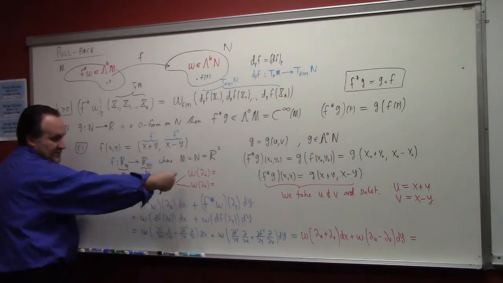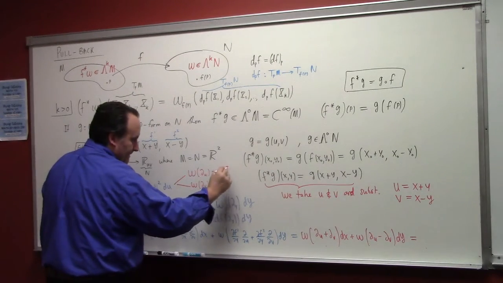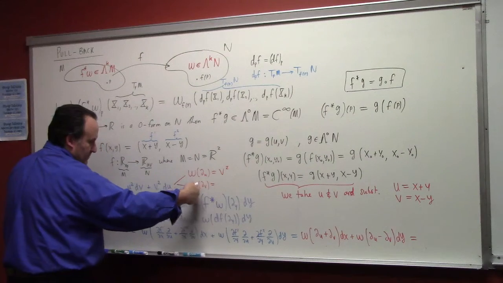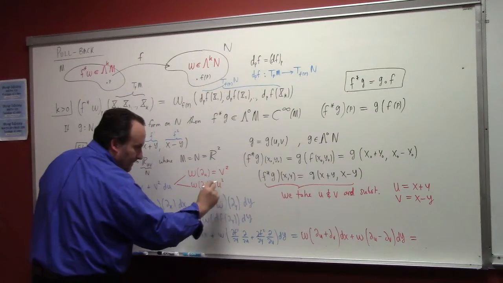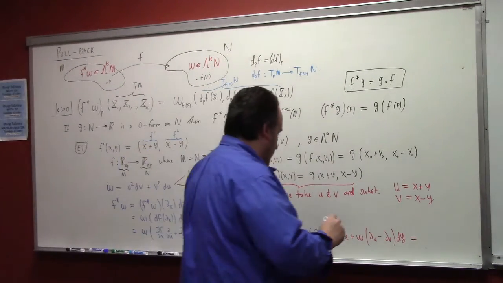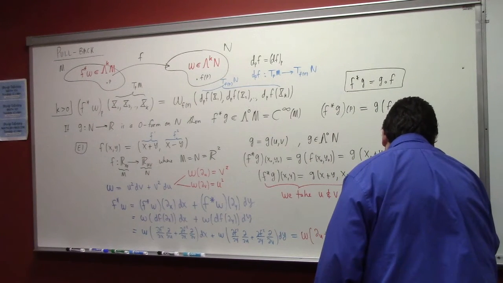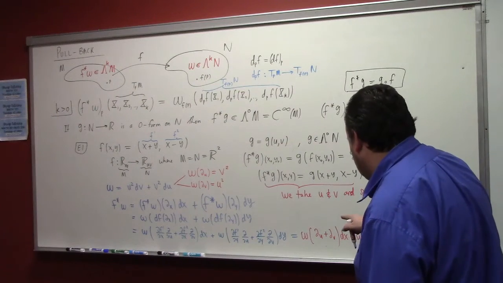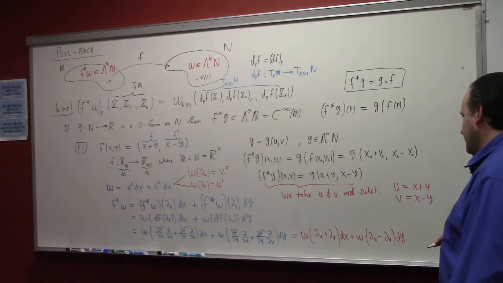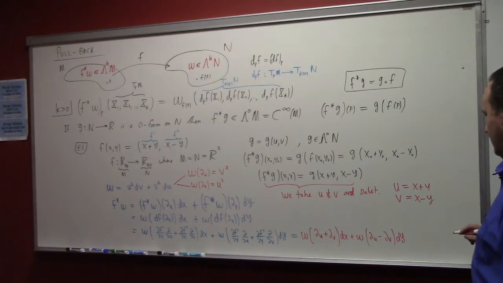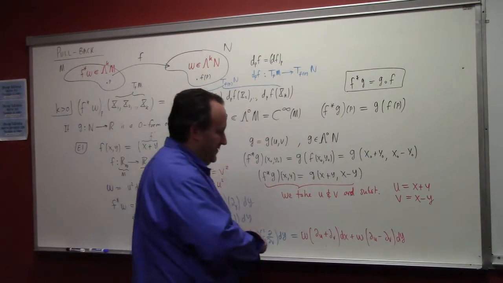Let them act on partial u, and it picks up a v squared. And the dv picks up a u squared. So what we got here? We've got u squared dx. Oh, wait a minute, did I do that right? Oh, yowzers, I've got to think more. Let me continue this calculation.